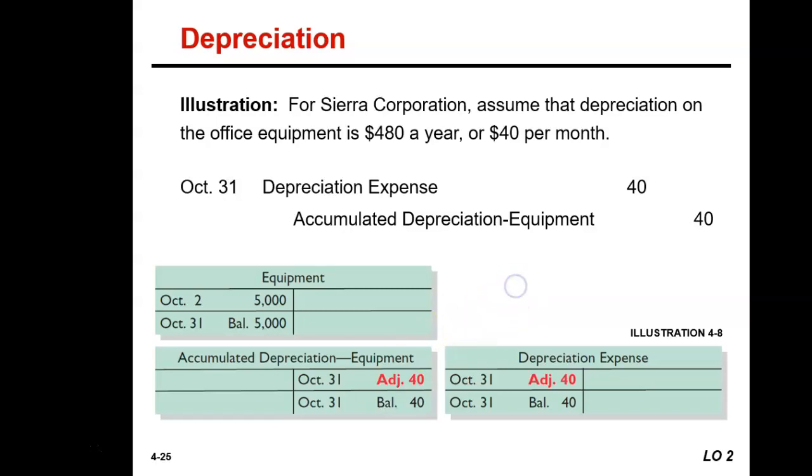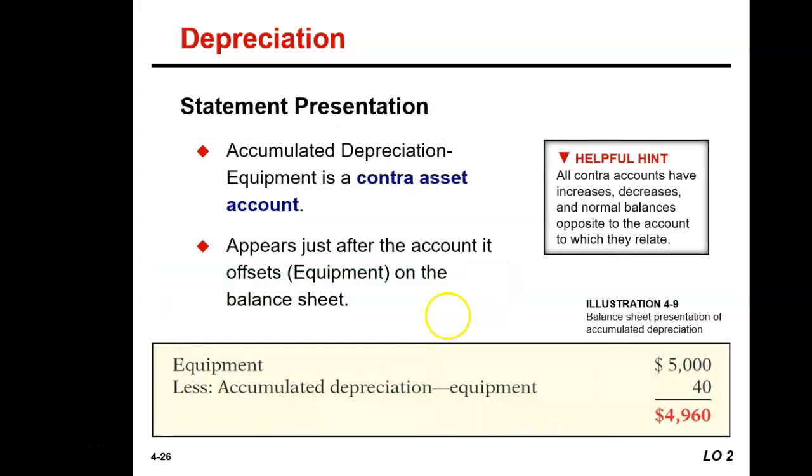Now on the balance sheet, the contra account, accumulated depreciation, is subtracted from the equipment account to determine what's known as the asset's book value. So book value is a term you may have heard of before when it comes to cars, etc. Book value represents the value of the asset, or it shows that portion of the asset's cost that's not yet been depreciated.